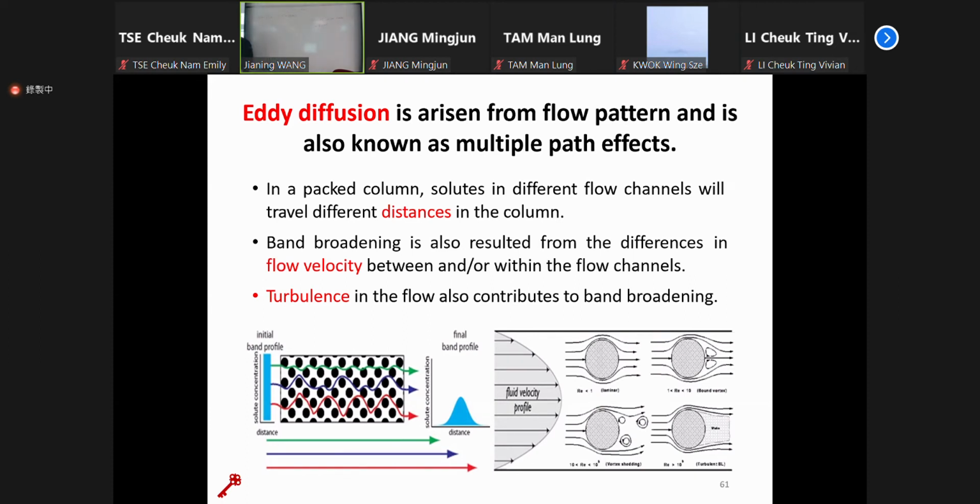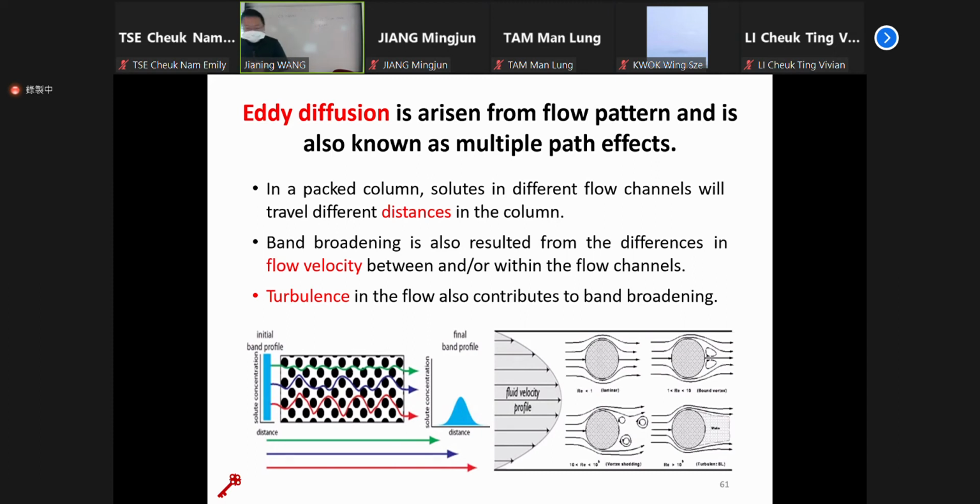So if you use another form of column, just a hollow open tubular column, in that case there's no eddy diffusion. That's correct. But this depends on the geometry of the column, right? So this term only applies to packed columns. And for packed columns, this term is unavoidable.